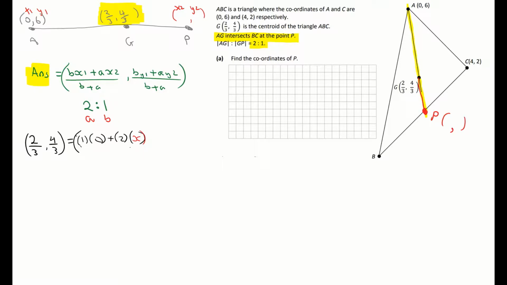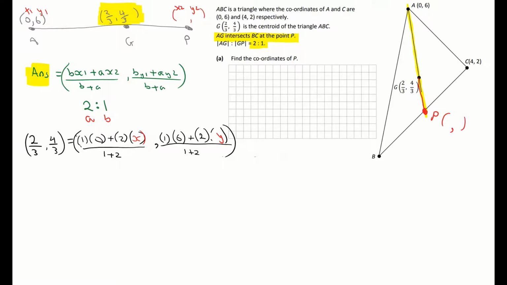That is all over B plus A, which is 1 plus 2. Then I put in my comma. B times y1: B is 1 multiplied by y1, which is 6, plus my A, which is 2, times my y2, which I don't know, so I'm going to call it y. That's what we need to find. Close my bracket, all over B plus A, which is 1 plus 2.